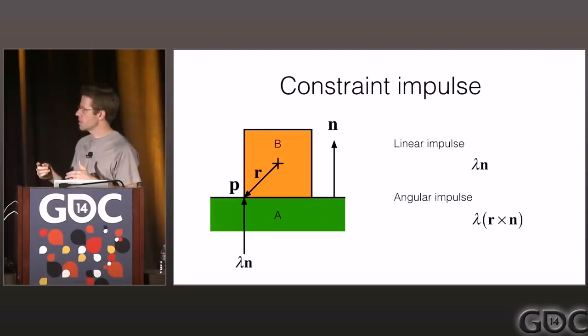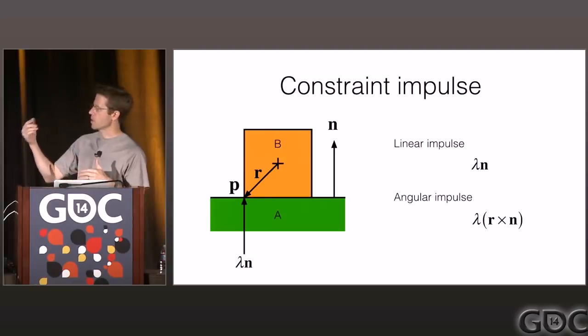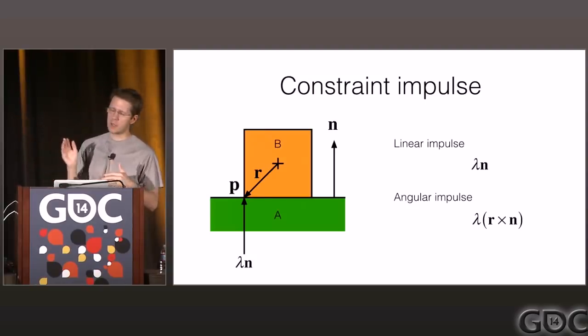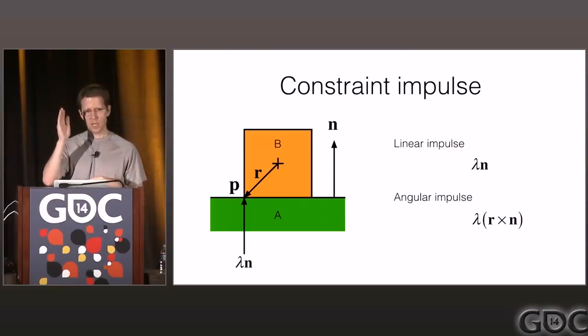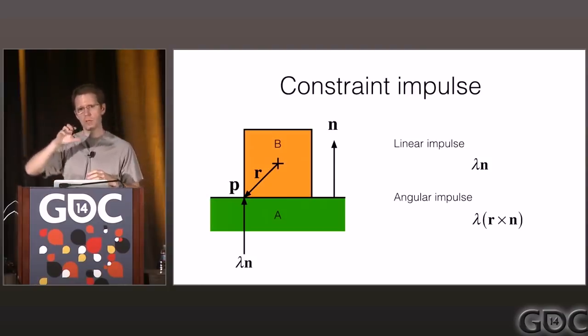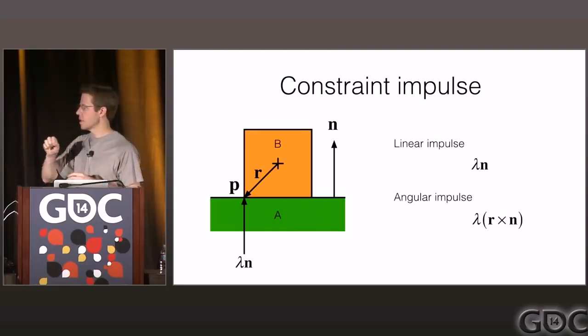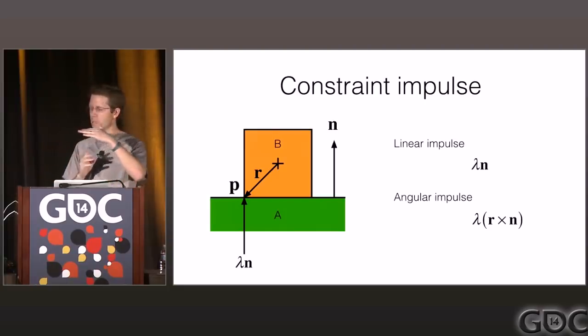Now, when I do this, at the center of mass there's going to be a linear impulse, and there's also going to be kind of like a torque, an angular impulse, created because the impulse is not applied directly below the center of mass. It's applied off to the side, so there's going to be some induced rotation there.